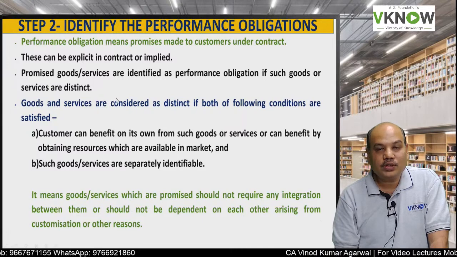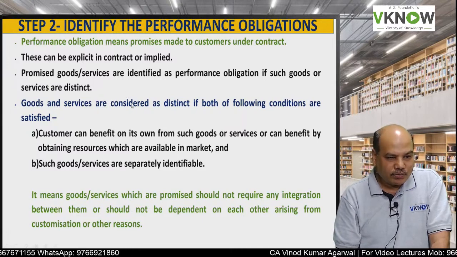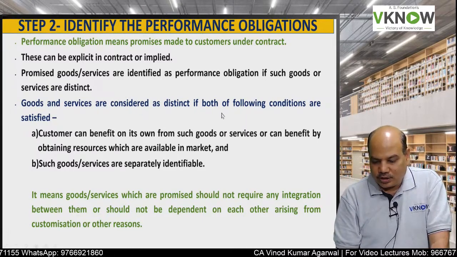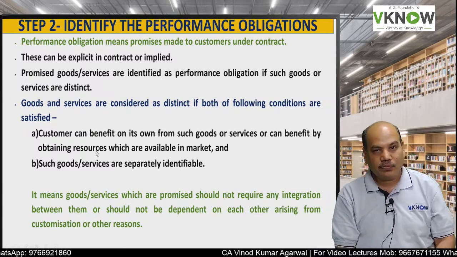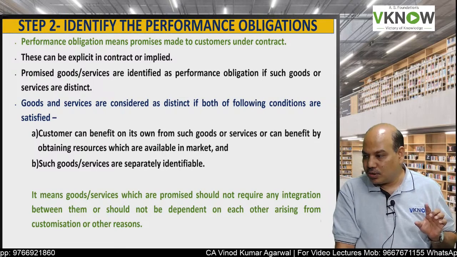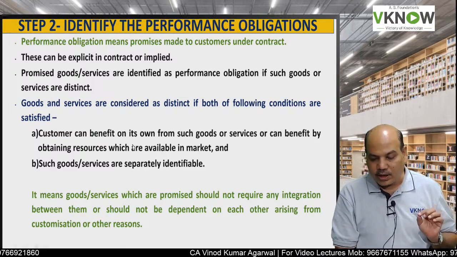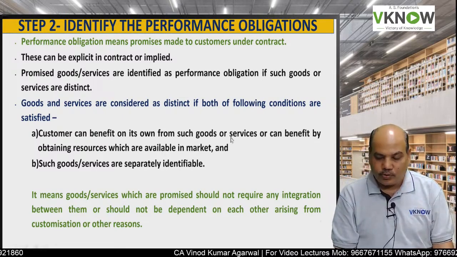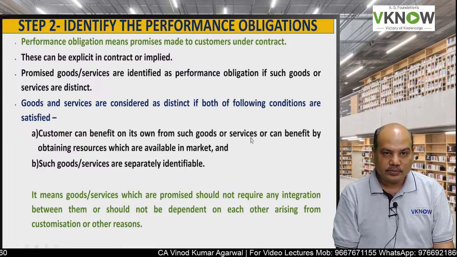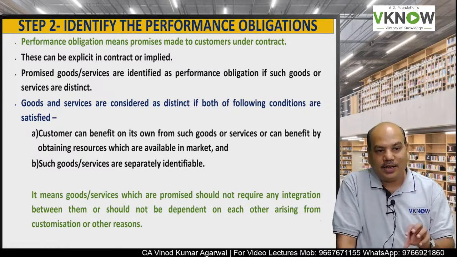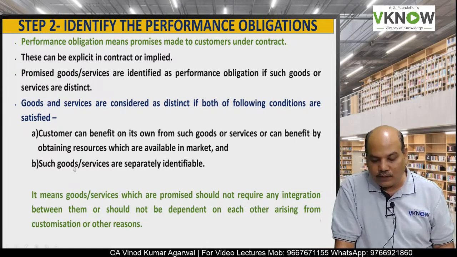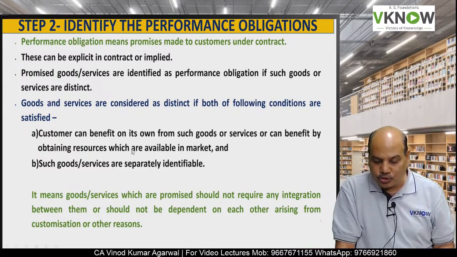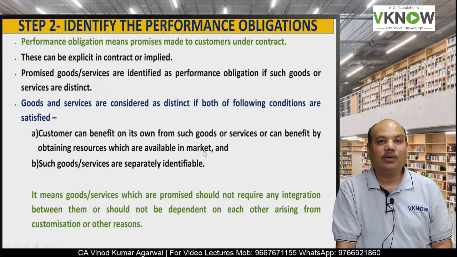When will you call goods and services distinct? Goods and services are distinct if both the following conditions are satisfied. Very important, for a theory question also remember: the customer can benefit on its own from such goods or service. That means the customer can independently benefit from such goods and services or can benefit by obtaining resources which are available in the market.